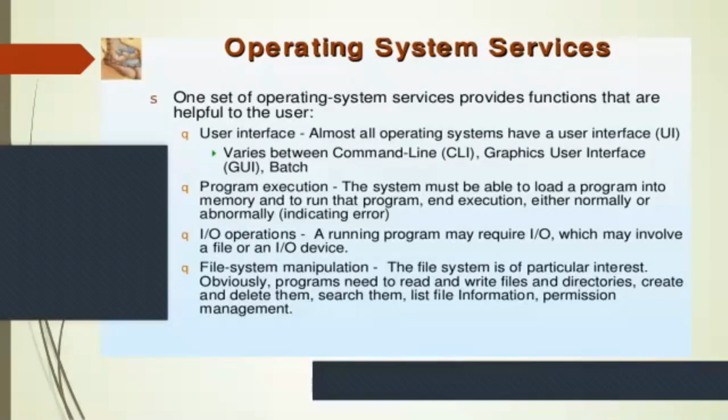These are several functions of file system manipulation. So, whenever the design or implementation of an operating system is done, these points are kept in mind, or these are the factors which decide the design of the operating system.